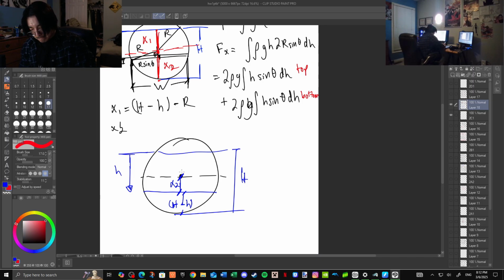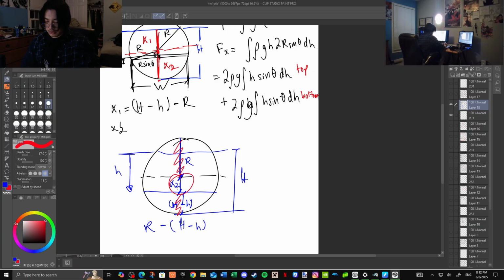And then we have the radius going from the center to the top of the end cap. In order to find x2, we take the radius and subtract big H minus little h. That eliminates those two lengths, and we're only left with the length of x2.